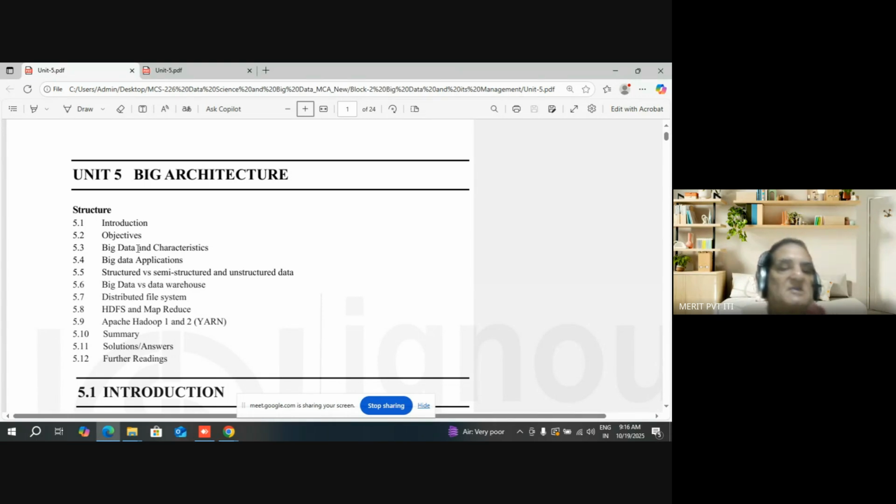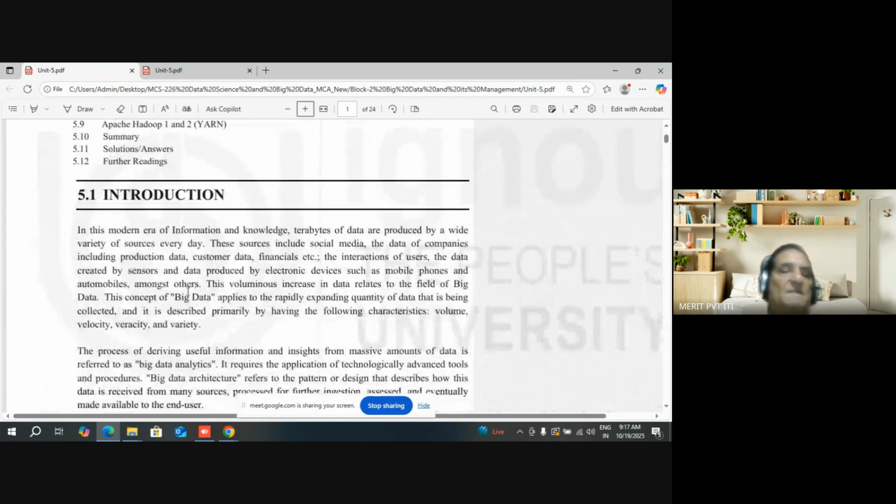Big data versus data warehouse, जो आप लोगों ने बीचे में पढ़ा होगा, data warehouse and big data. And then HDFS and MapReduce. This is the special thing which is required to be done. Apache Hadoop 1 and 2, YARN. So these are the things which are discussed in these units.